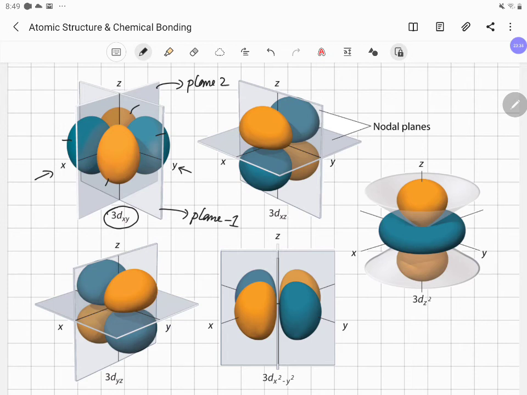There are 2 planes in which the probability of finding the electron is 0. This holds for 3dxy, 3dxz, 3dyz, and 3dx square minus y square, but not in the case of 3dz square. Actually, in 3dz square, there are 2 cones in which the probability of finding the electron is 0.